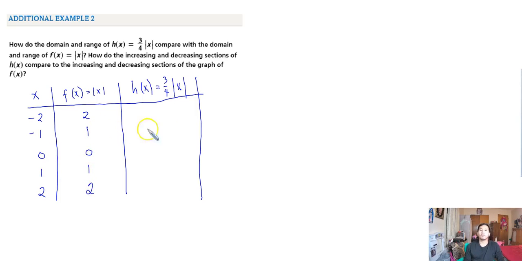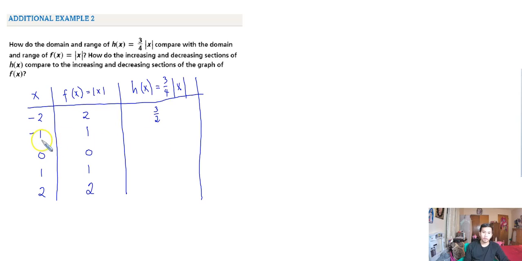And now we have h of x. We do the same with h of x, which is 3/4 the absolute value of x. So if x is -2, it will give us 3/2.